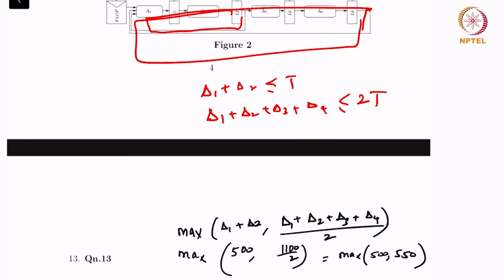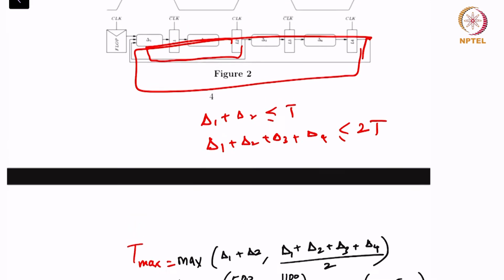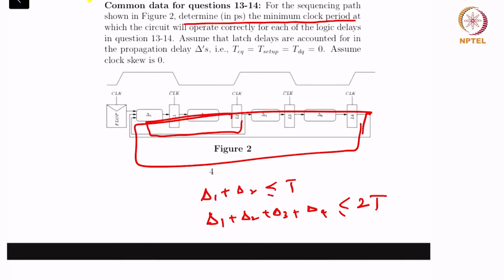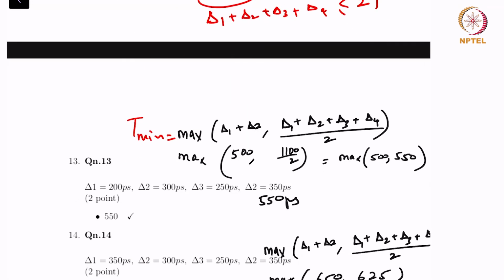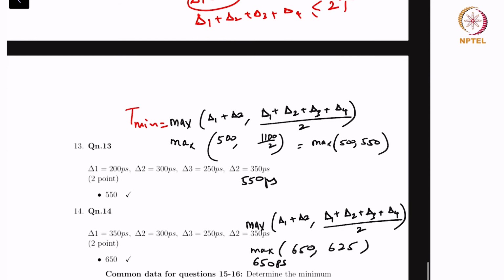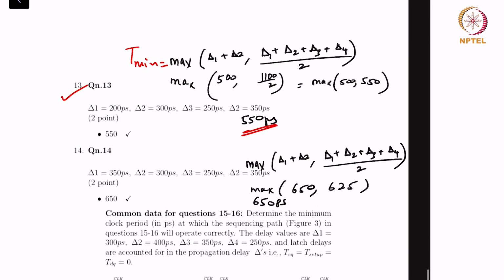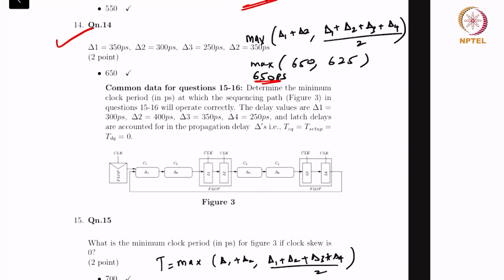Hence, we obtain a constraint on T min as the max of delta 1 plus delta 2, and delta 1 plus delta 2 plus delta 3 plus delta 4 divided by 2. So by calculating that for question 1, we obtain 550 picoseconds. In the second case, it is 650 picoseconds, right?